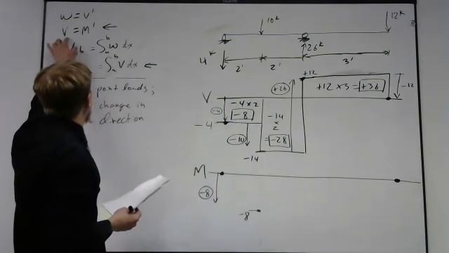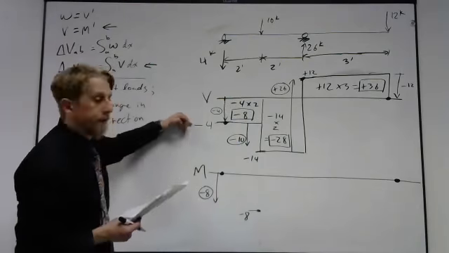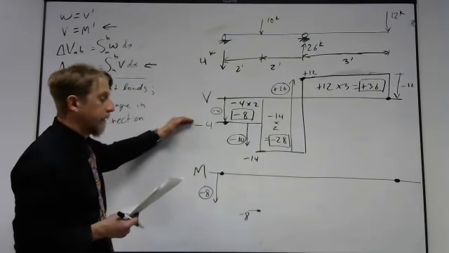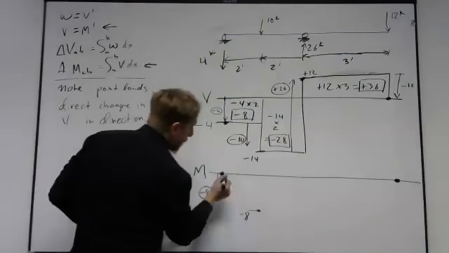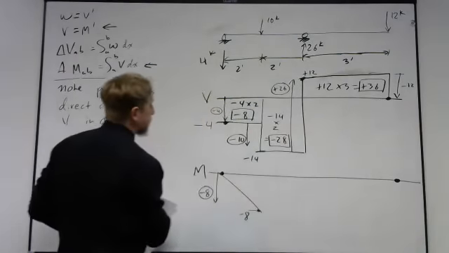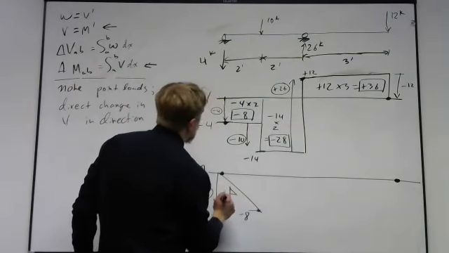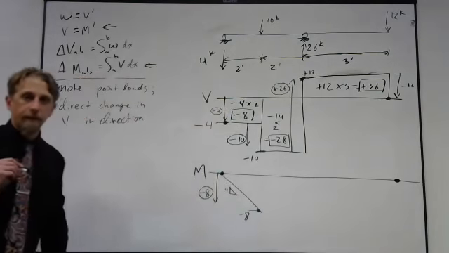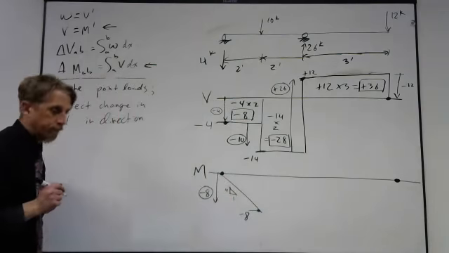The slope of M is going to be the value of V. The value of V is negative and constant. If it's negative and constant, then it's a straight line going down. Okay, just to make that clear, V is the slope of M. It's negative, constant, value of 4.